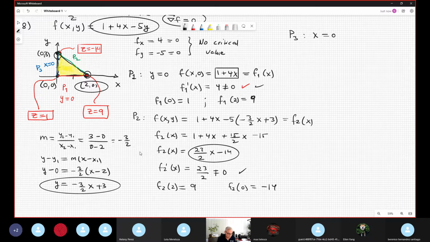Therefore, our function f is 1 minus 5y. I call it f3, depending on y. Okay, when you differentiate, it's -5. And -5 is not 0, so no critical value.